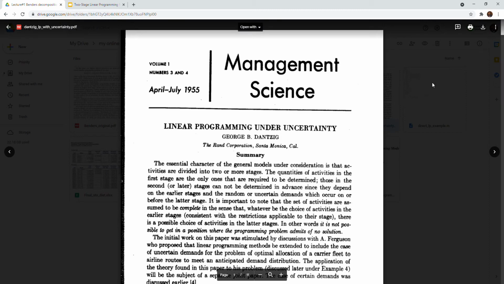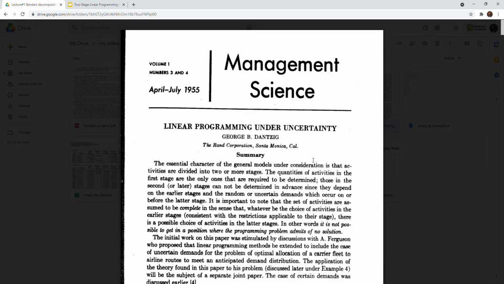The editor at that time called many experts and chose the 10 most influential papers, and the very first paper that was chosen at that time is this paper.